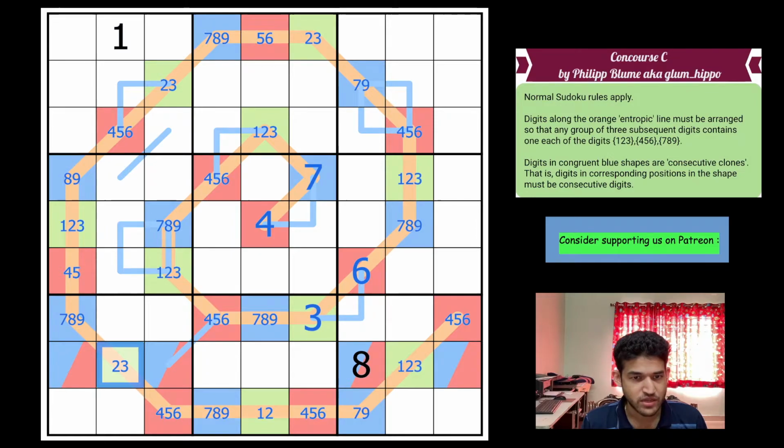Anything else? You have 3 here. This will be 2, which means this is 1 or 3. So we got some really quick eliminations here. So notice that there is a triplet along this column, 7, 8, 9, which we can use later perhaps.